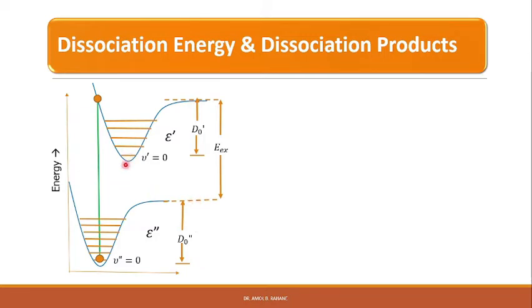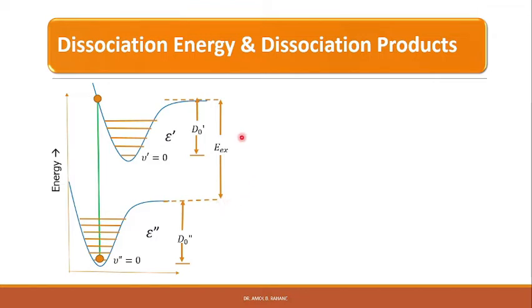But if the molecule is in the upper electronic state, that means E prime, and it dissociates into separate atoms, then the dissociation energy in that case will be D0 prime. So we can see that the total energy of the dissociation products, that is atoms, from the upper state is greater by an amount called E excitation than that of the atoms produced on dissociation from the ground state, right?